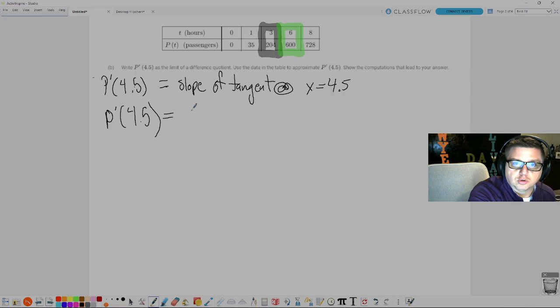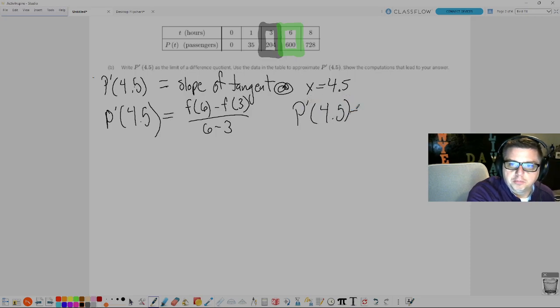So we will do f of 6 minus f of 3 over 6 minus 3, which in turn will become 600 minus 204 over 6 minus 3.